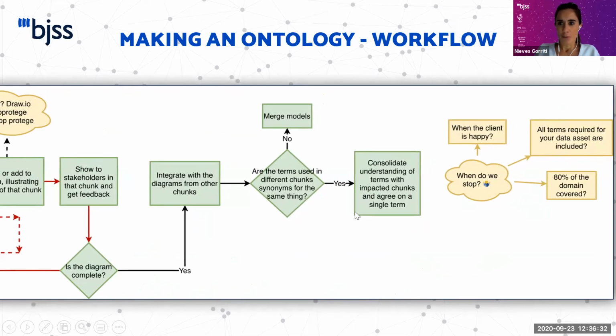So when integrating in the diagram, we will always have cases of entities that exist with different names. At that moment, we need to either find synonyms or try to find an agreement. This is not up to us, it's up to the final user. So we came back multiple times to the users.